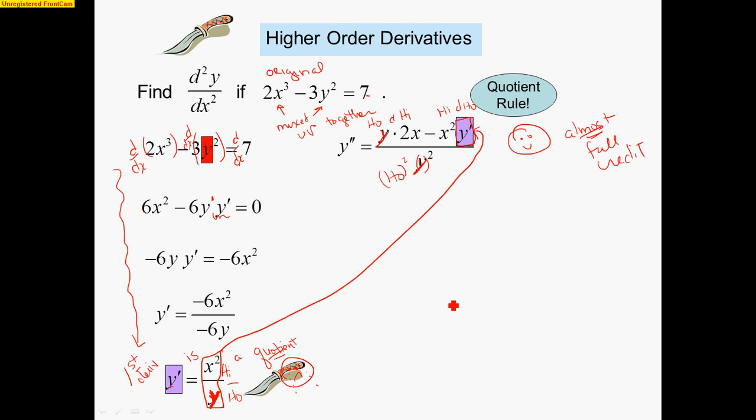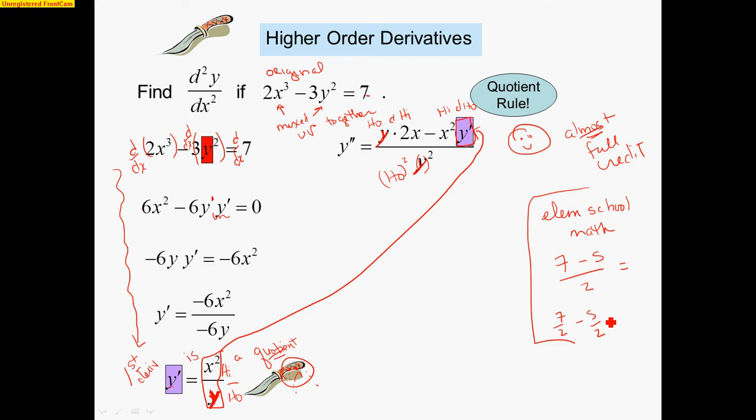So let me do some elementary school math here. Isn't it true that, let's say, 7 minus 5 over 2 is 7 over 2 minus 5 over 2? Isn't that true?